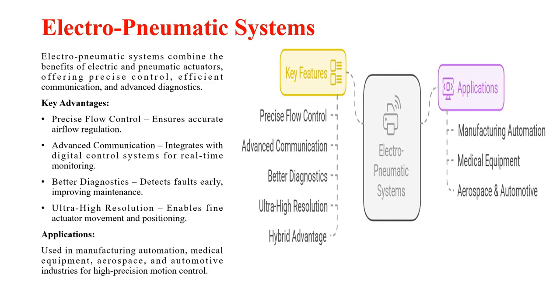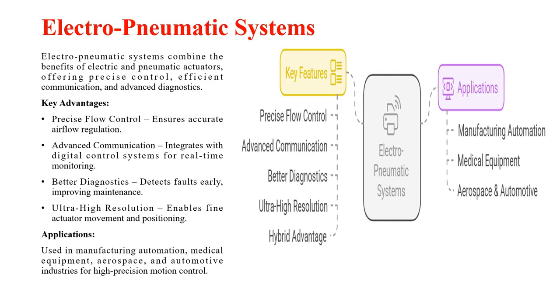Second is advanced communication, which uses a digital interface for seamless integration with industrial control systems, and it enables real-time monitoring and remote operation. Then you have better diagnostics, which detects faults earlier and improves maintenance. Then you have ultra high resolution, which enables fine actuator movement and positioning.